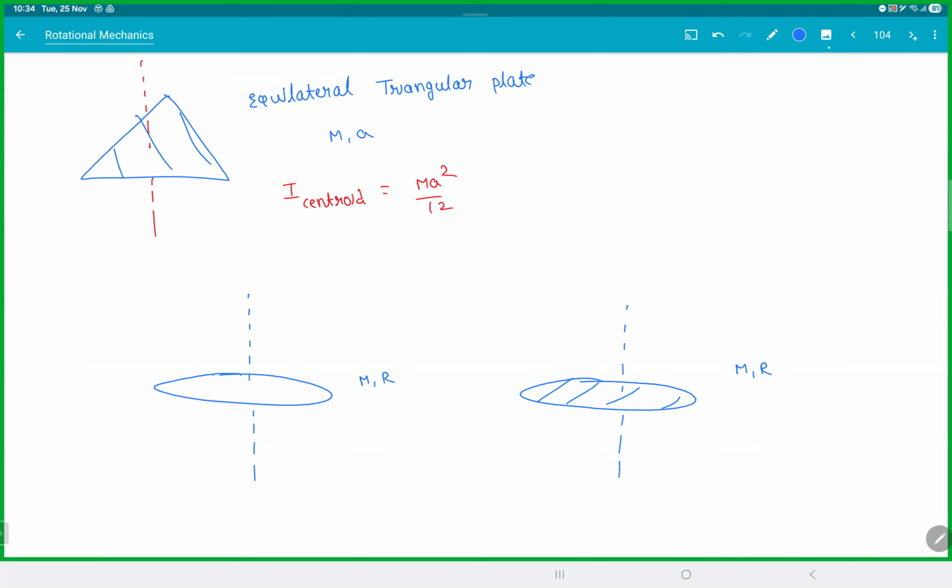These are mostly out of portion there. The axis is out of the plane. So the axis is passing through the center, but it is making an angle. This will be mr square by 2, 1 plus cos theta.